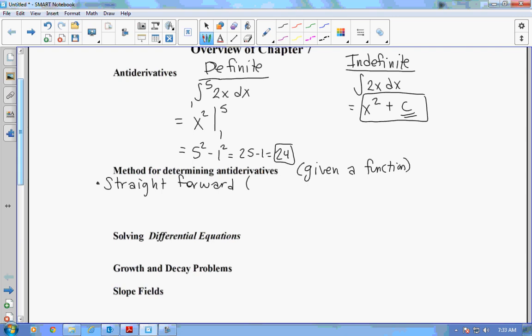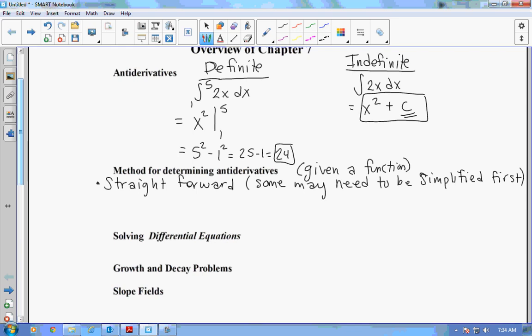You would change it to x to the negative 1/2. So some may need to be simplified first, or manipulated just a little bit, and then you can take the antiderivative pretty straightforward.